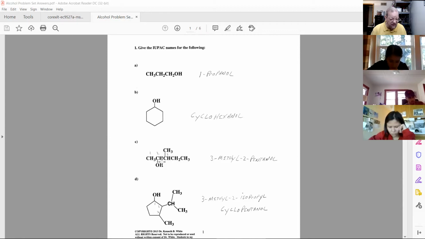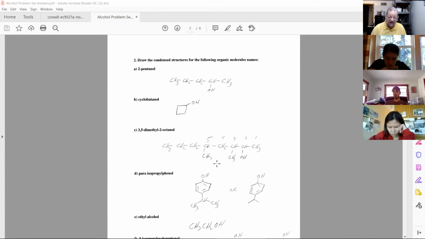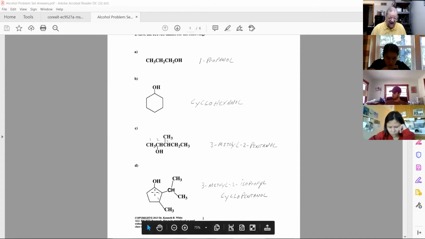And if we look at C, longest chain 5, pentane, drop the E, pentanol, add OL, it's on carbon 2, and the methyl group is on carbon 3. Now for the ring, we have 1, 2, 3, 4, 5, pentane, so cyclopentane, drop the E, add OL, cyclopentanol.